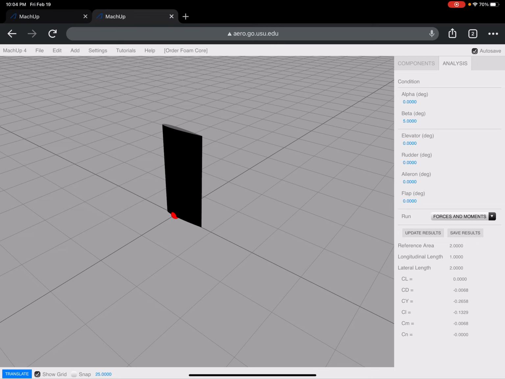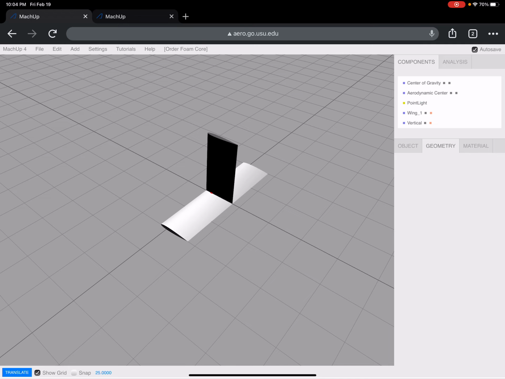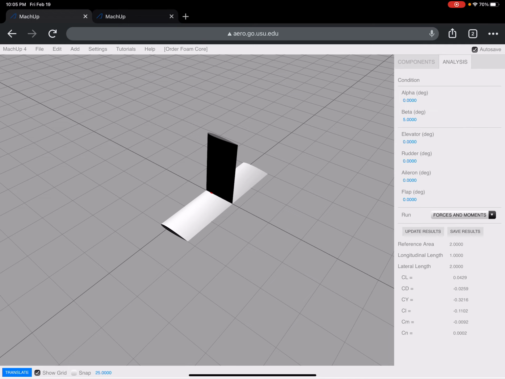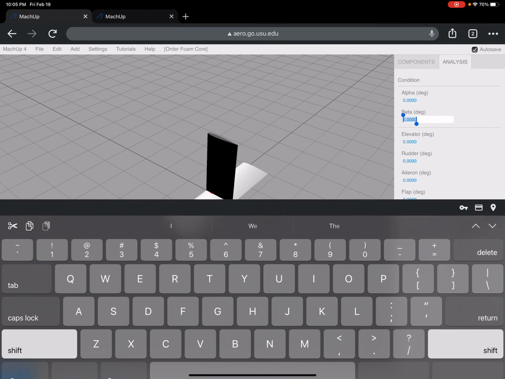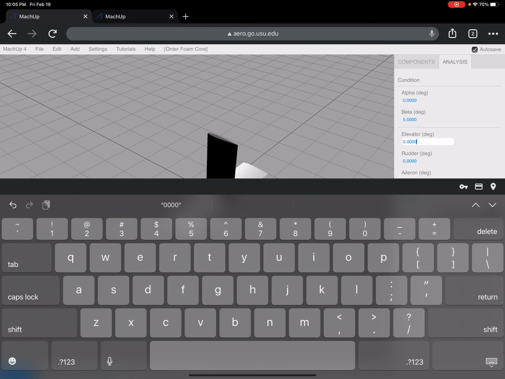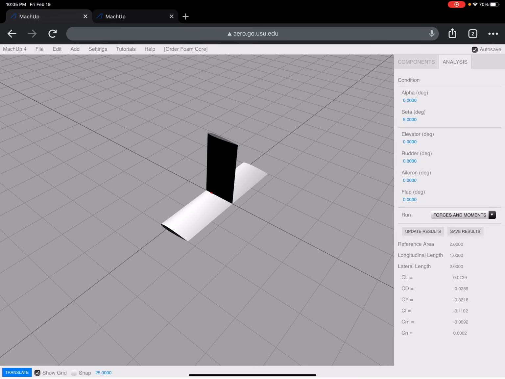Now let's put that same wing in this system here, but with the horizontal stabilizer, and put it at the same side slip angle, 5 degrees there, and then 0 angle of attack, and update results. Now I should say, for this reference area, I'm just using the reference area of the vertical stabilizer for all of these forces and moments so that they're comparable between the two systems.